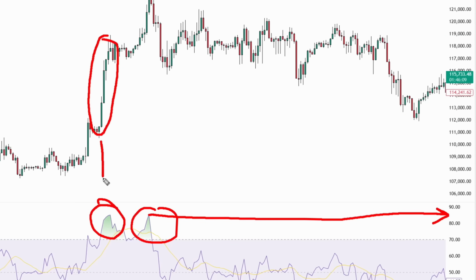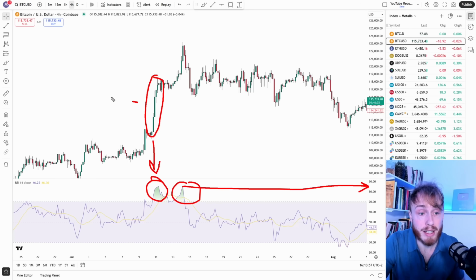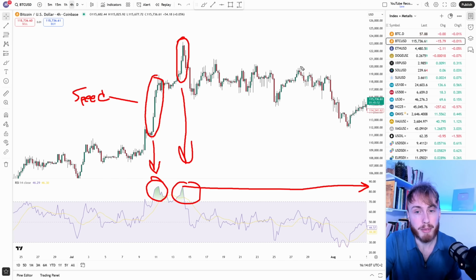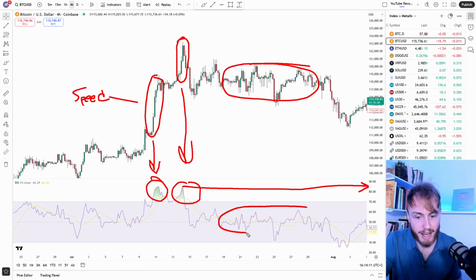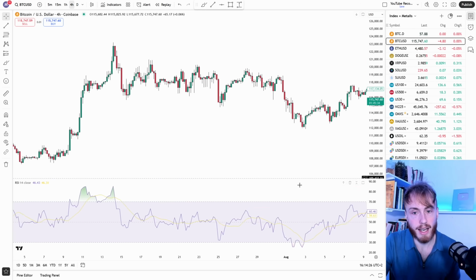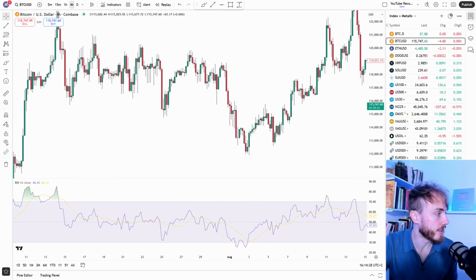So you can see right here, when we see strong overbought conditions, this means that we have strong momentum. And remember here, momentum is basically the speed and the strength of price movements. So when you see lots of speed and strength in the market, you will have high values. But when the market is very calm, like right here, you will have values close to 50. And let's just quickly take a look at an example in the opposite direction.